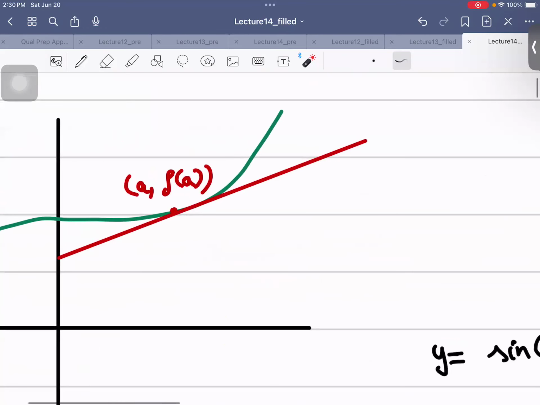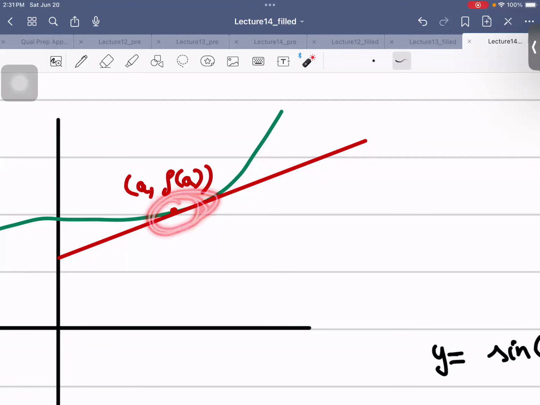Because you see that in the neighborhood of the location where you place the tangent line, the output of the green curve and the output of the red curve are quite similar. There's no big difference between them around this point.